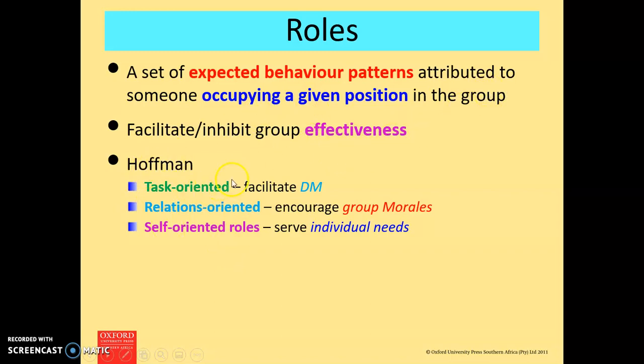According to Hoffman, the roles that are task-oriented can facilitate decision-making. Roles that are relations-oriented can encourage group morale. Roles that are self-oriented can fulfill the individual needs. So if the aim is facilitating decision making, roles need to be more task oriented, but to encourage group morale, roles should be relations oriented.